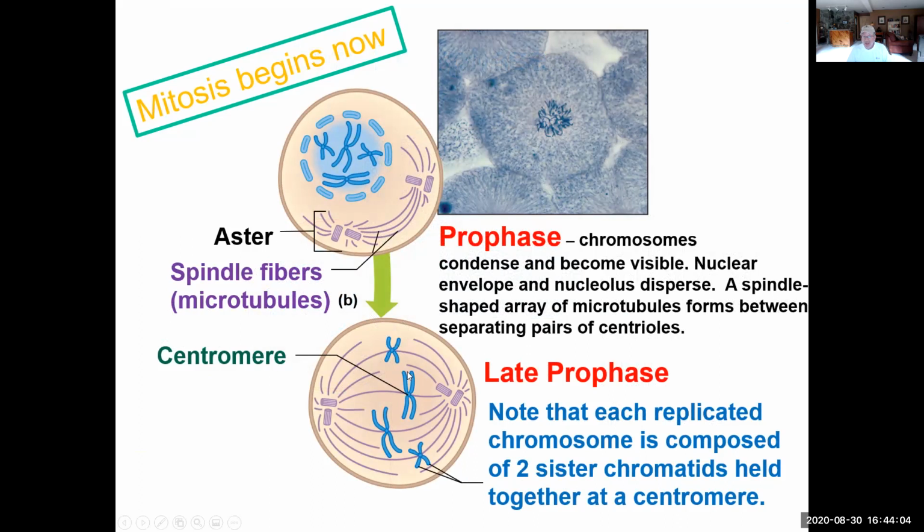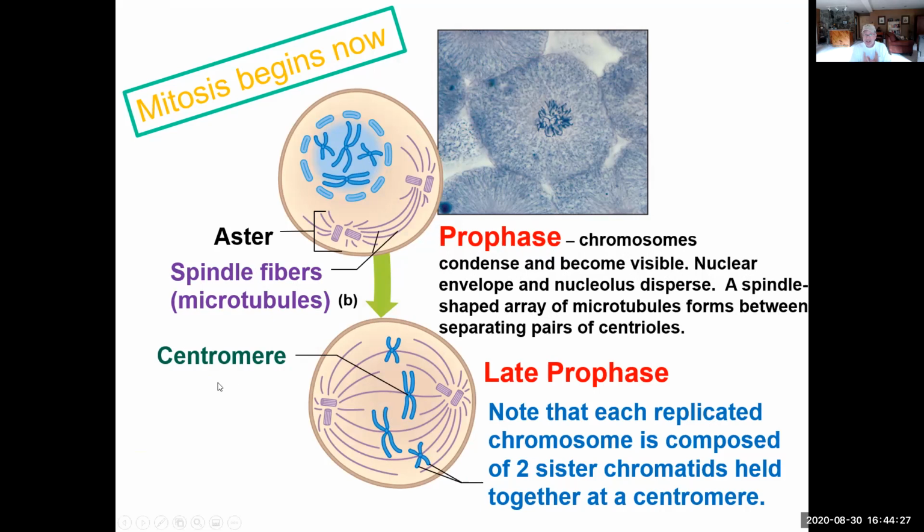Just like these 2 sister chromatids, this one and this one are genetically identical to one another. The same applies to this guy. This chromatid is identical to its sister chromatid. And that's because of the replication of the DNA that took place back in the S phase of interphase.